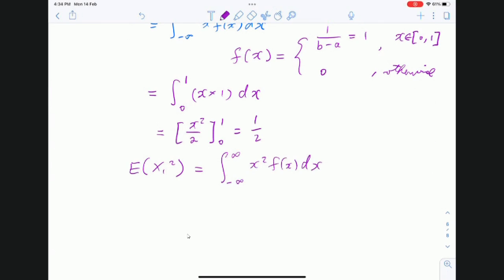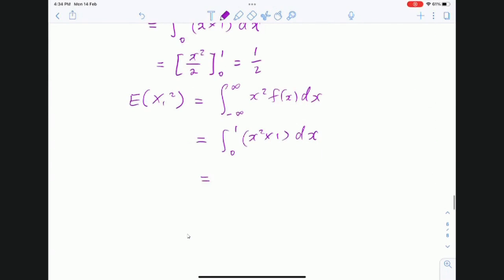Whenever you want to find an expectation, you just copy the function in terms of x, multiply it by the probability density function, and integrate over all the possible values. Now in this question, the density function is equal to 1 within 0 to 1, for a uniform distribution. So the rest will be elementary calculus, equal to 1/3.